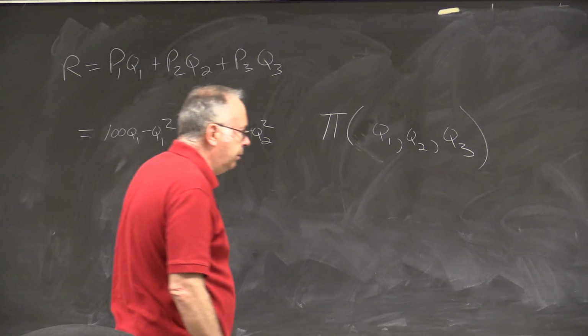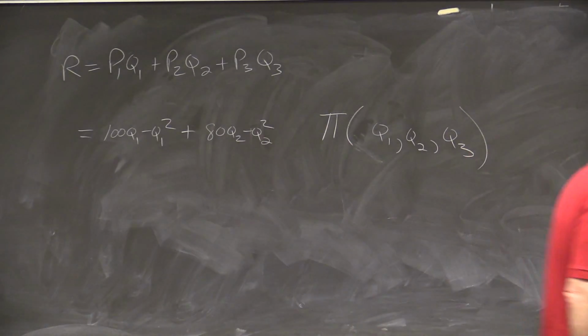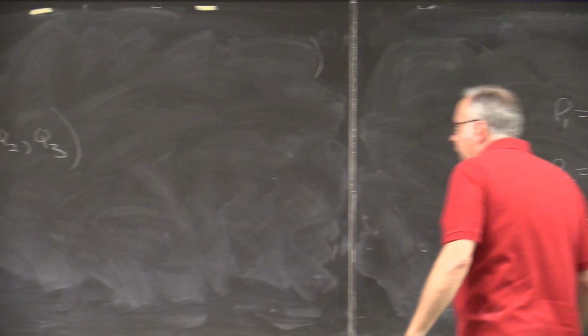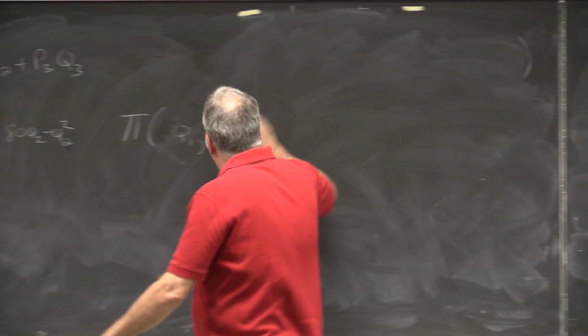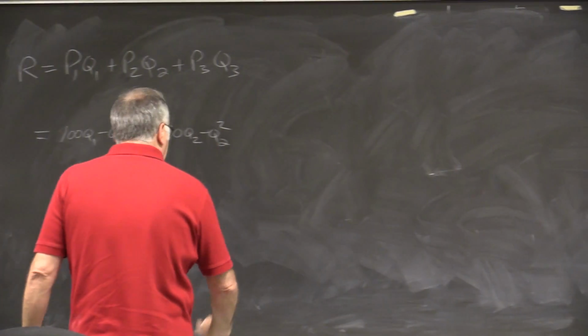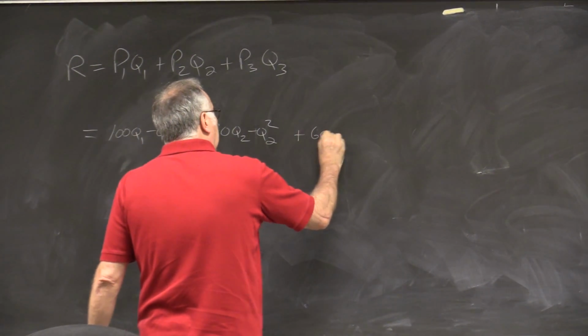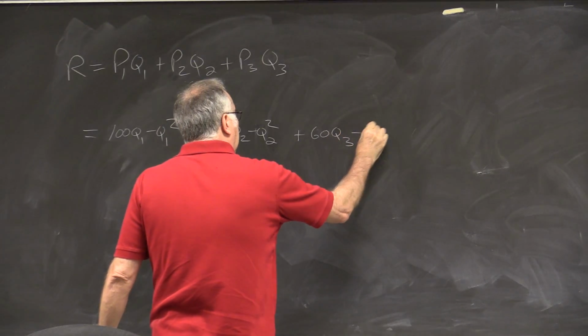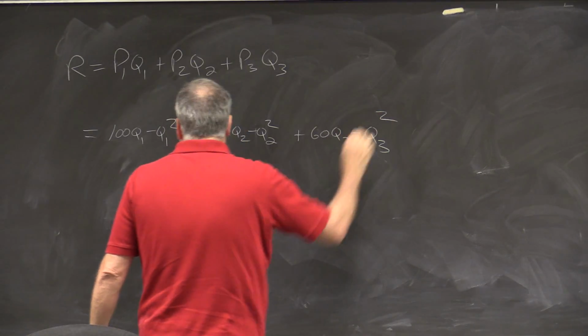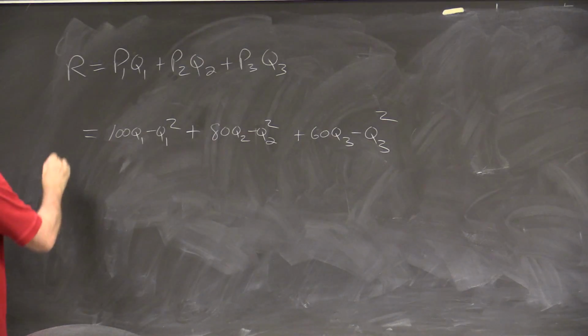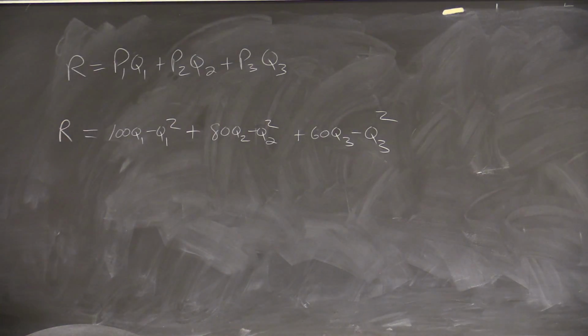And this last term is just going to be 60 Q3 minus Q3 squared. That's revenue expressed as a function of Q1, Q2, Q3. Cost is already expressed as a function of Q1, Q2, Q3.